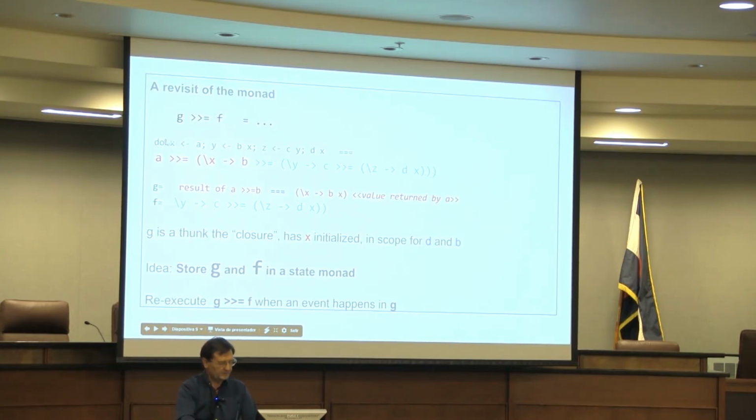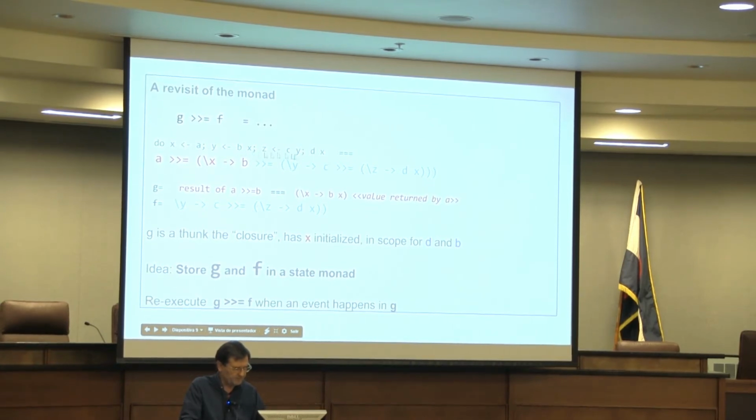Let's look at this sequence, which is a simple sequence of actions with bind, which is the sugar for this expression. And the only remarkable thing is that X is used both in the second term and in the last one.